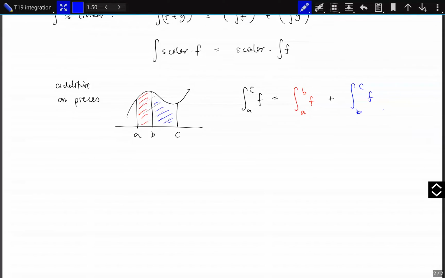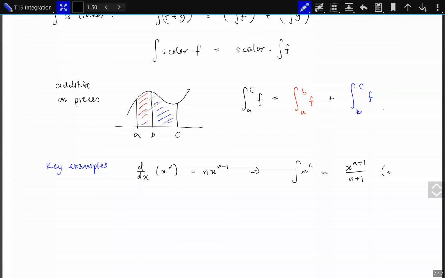And the key examples we need to know, which I know you have learned in other modules, is the derivative of a polynomial, which implies that the integral goes the other way, say up to some constant.